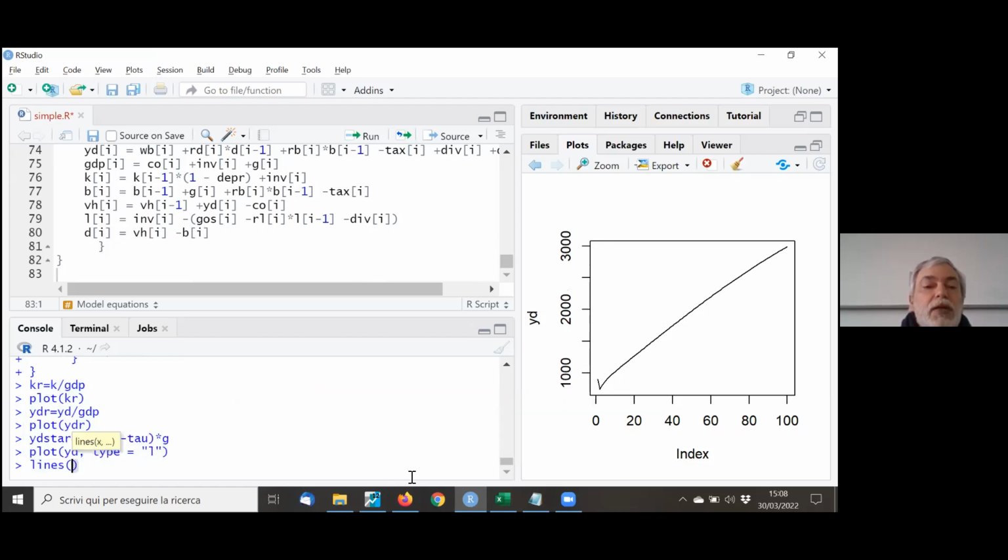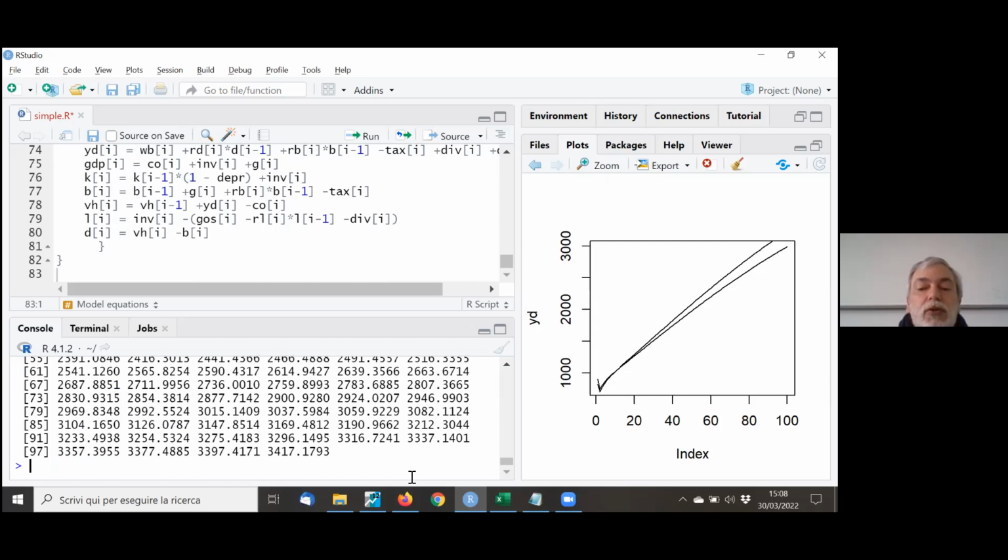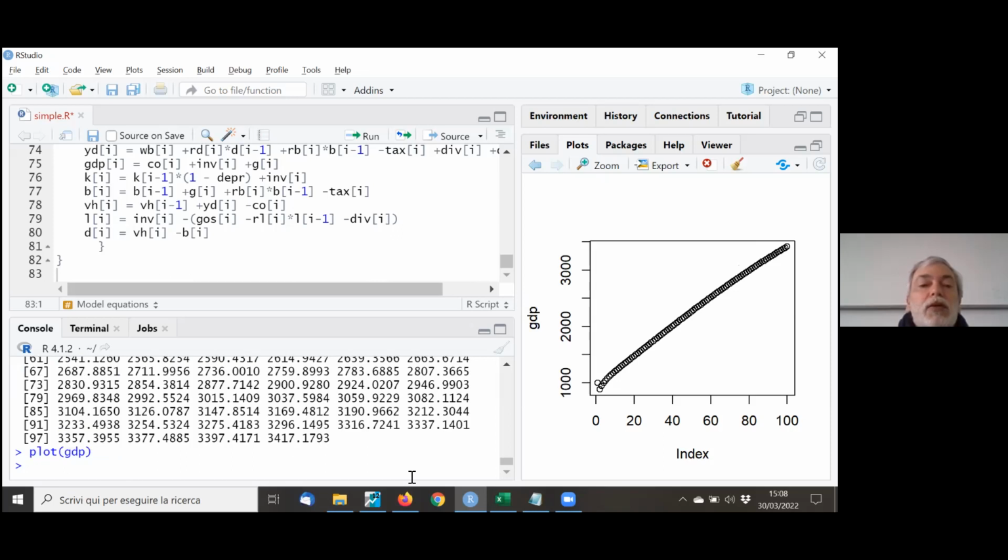You can add another one and have YD star. But they don't converge. I thought they would converge to some stable value, but they're not. Also, GDP is not converging to a stable value.